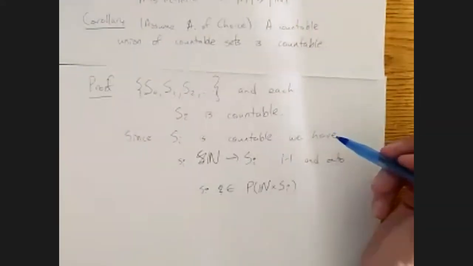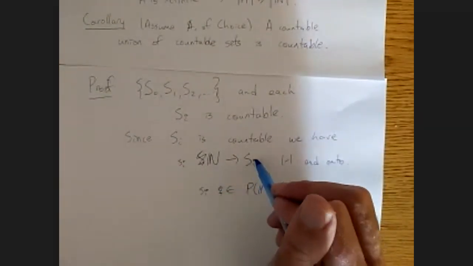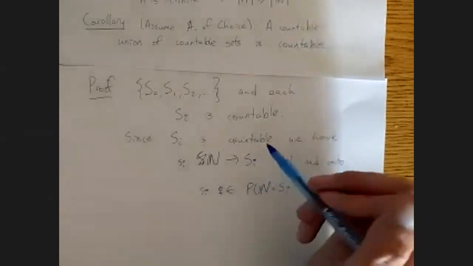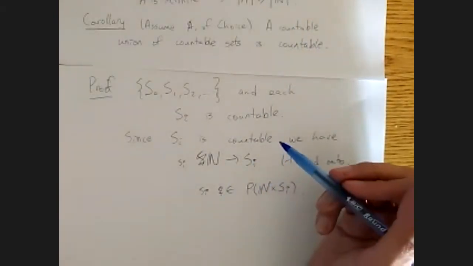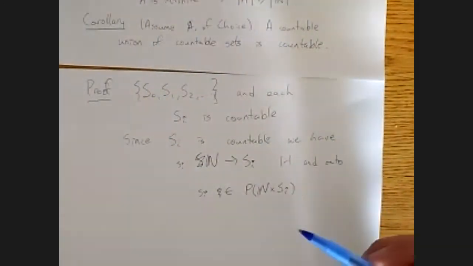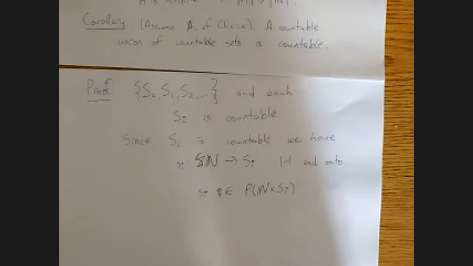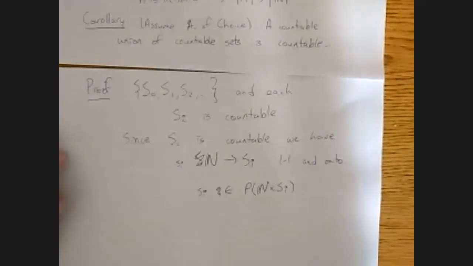So we know that each S_i is countable. That means that there exists a 1-to-1 and onto function from the natural numbers to the set S_i. But that doesn't tell us which one we can choose naturally. Just because there exists one doesn't mean that we get it for free. This is why we need to use the axiom of choice, right?